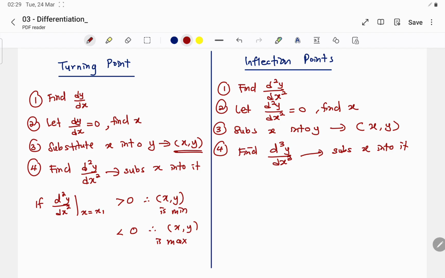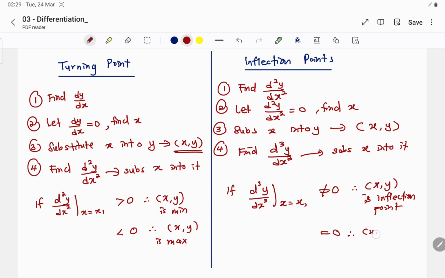Now in order for us to check, once you substitute, if it is not equal to 0, your xy is an inflection point. If it is equal to 0, then xy is not an inflection point.